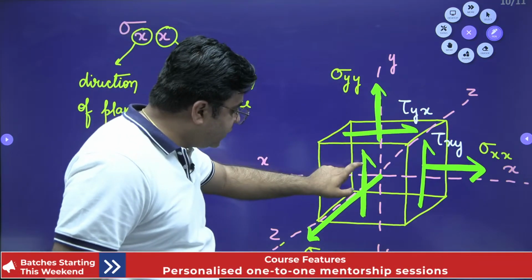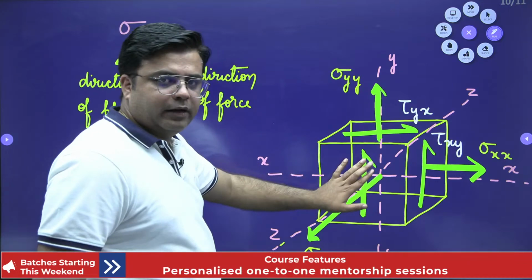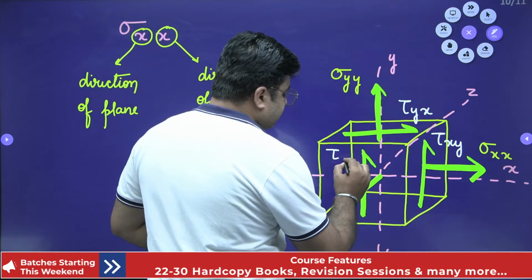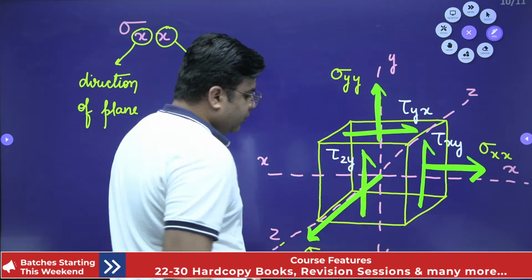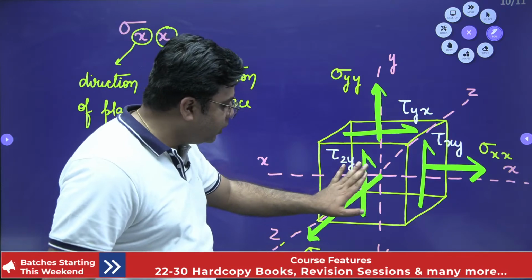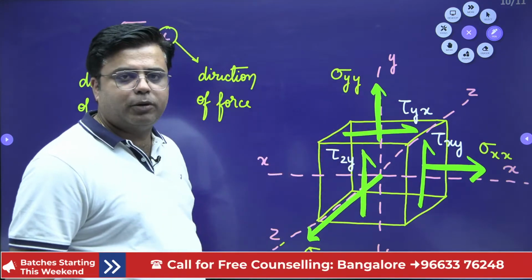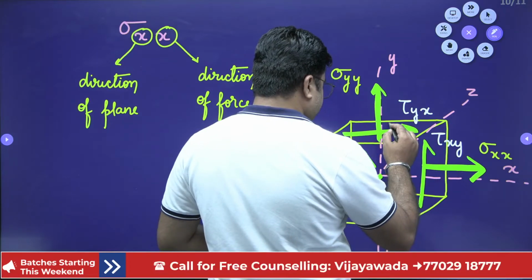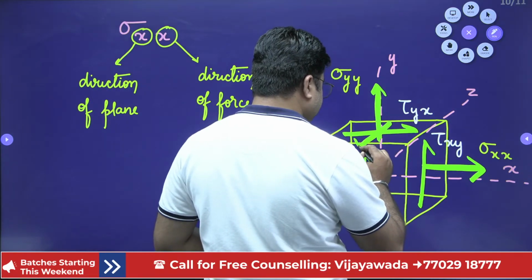So it is named as tau zy, because it is acting on the z plane and it is happening because of the shear force acting in the positive y direction, right?